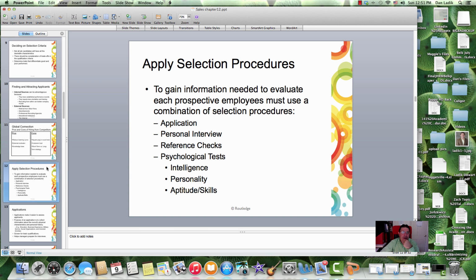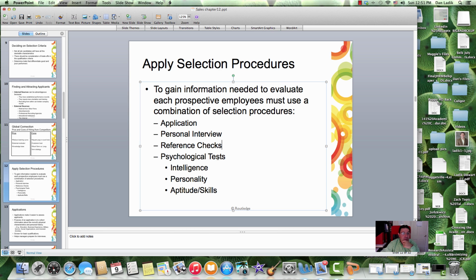All right, so when we're thinking about selection procedures, yes, of course we can do the application, and beyond that we can do a personal interview. We might have a telephone screener interview first, and that way we can reduce the pile even further, and from there we can do a more personal interview. We're always doing background and reference checks.